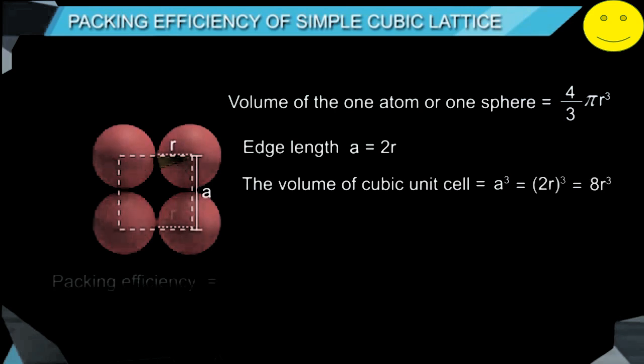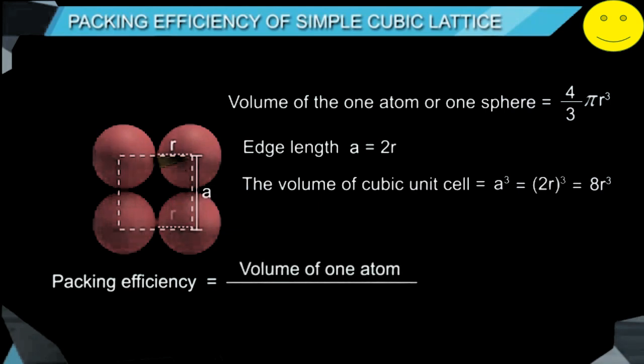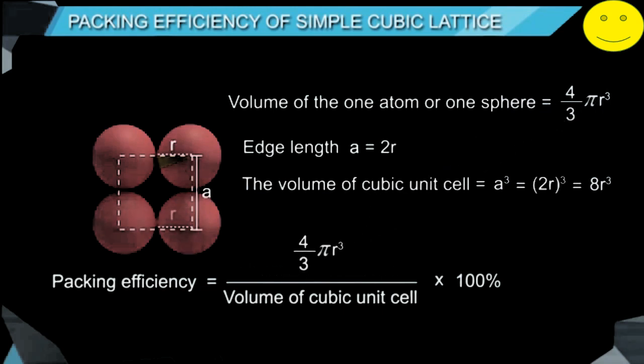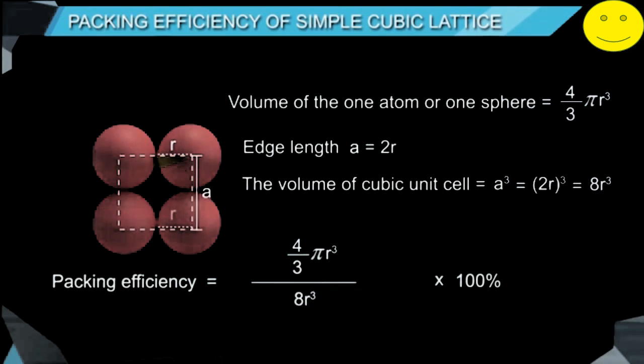Percentage of the space occupied by a sphere, or packing efficiency, is equal to the volume of one atom divided by the volume of the cubic unit cell multiplied by 100. Here in this formula we have taken the volume of one atom, because the total number of atoms in simple cubic is 1.